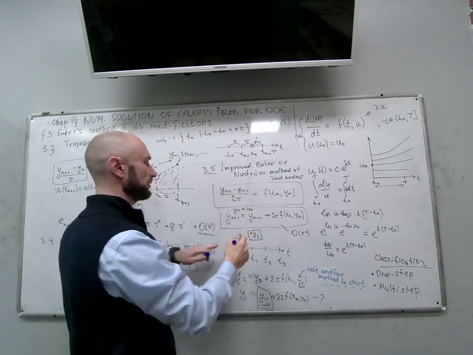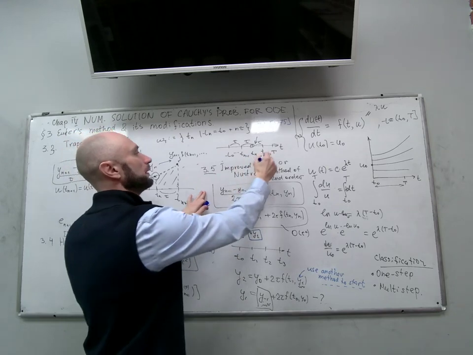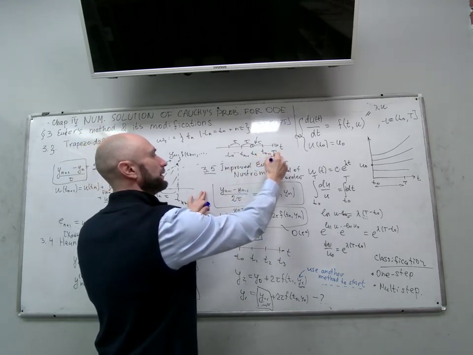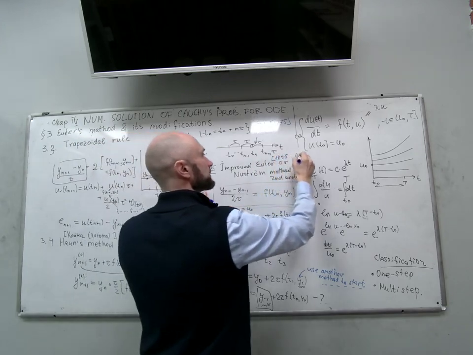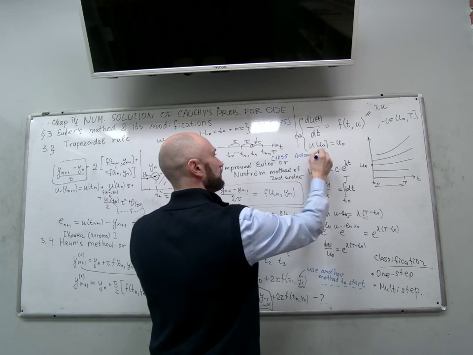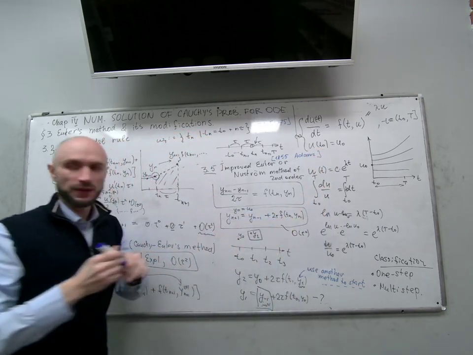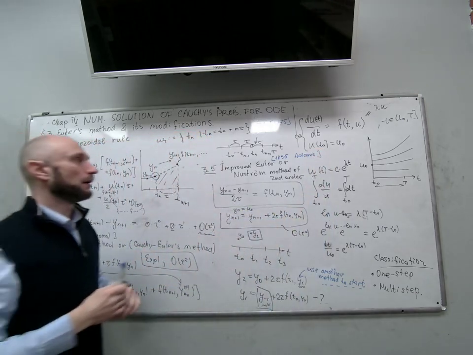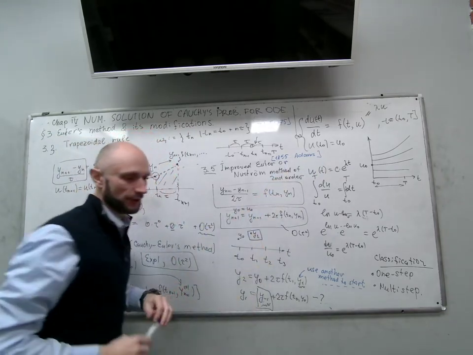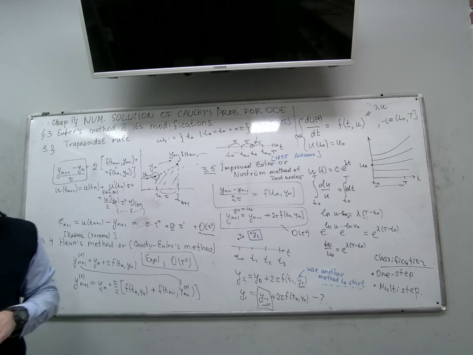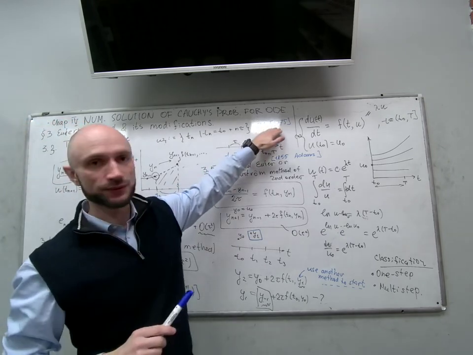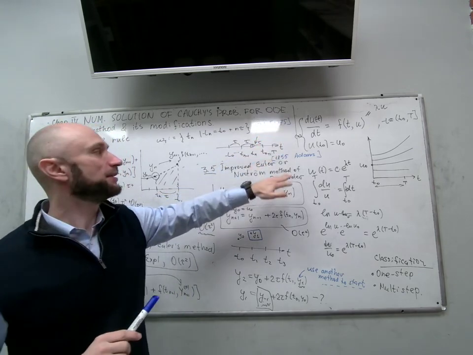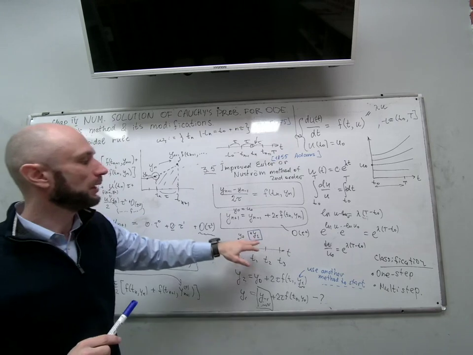In the middle of the 19th century, the British mathematician Adams developed a set of improved procedures to improve the accuracy of Euler's method. And these procedures were all multi-step.